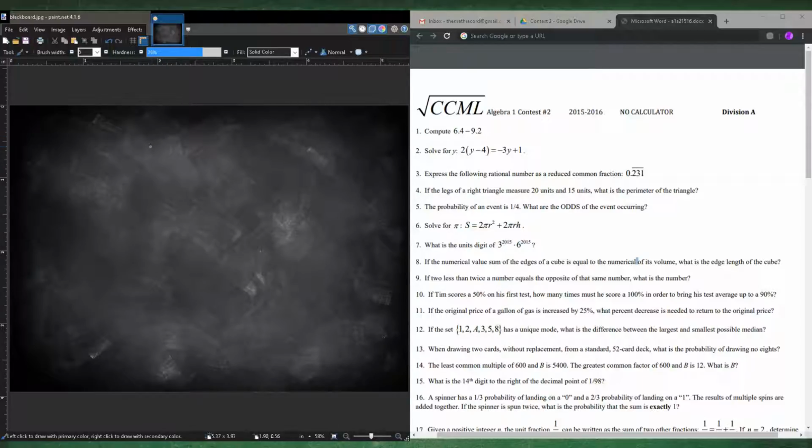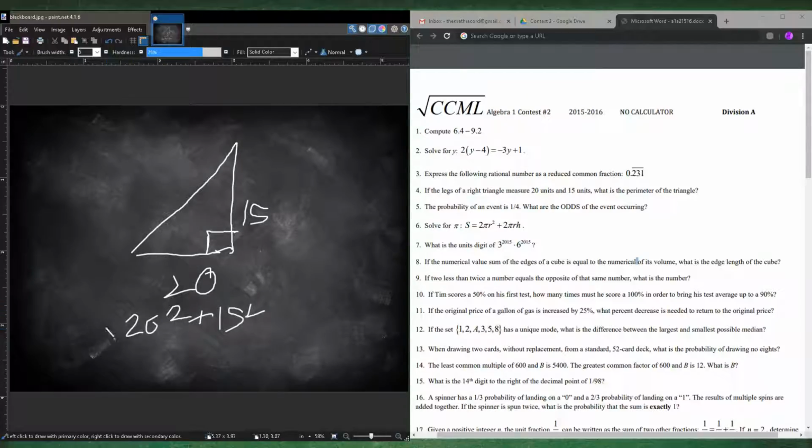Question 4. If the legs of a right triangle measure 20 units and 15 units, what is the perimeter of the triangle? So you could use the Pythagorean theorem. You have a right triangle with legs that are 20 and 15. So the square root of 20 squared plus 15 squared. 20 squared is 400. 15 squared is 225.